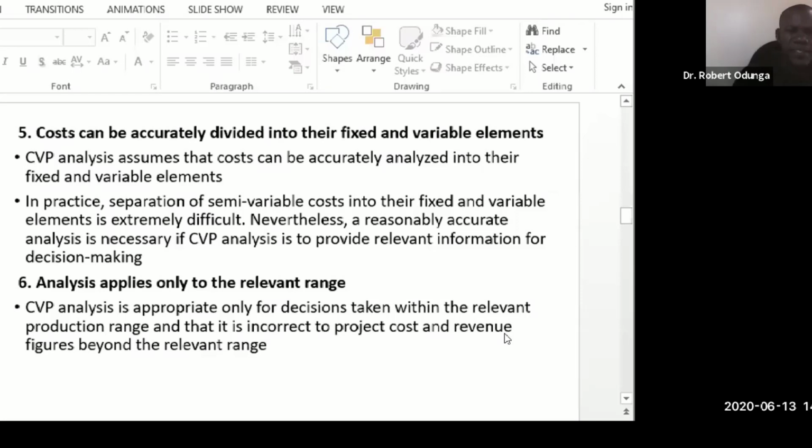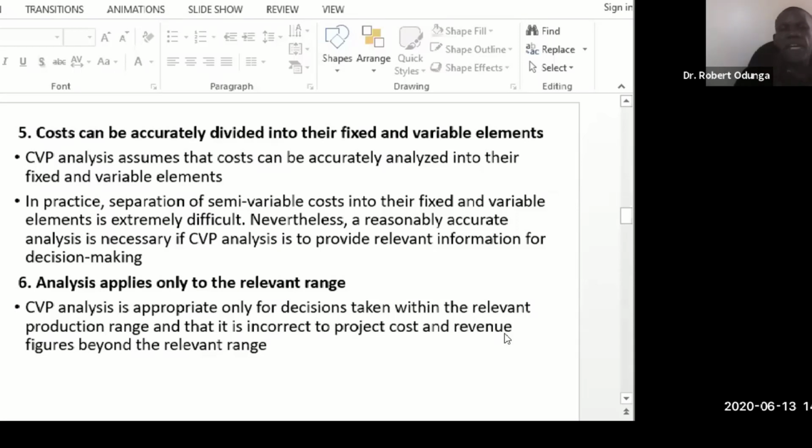CVP analysis assumes that costs can be correctly analyzed into their fixed and variable elements. In practice, separation of semi-variable costs into their fixed and variable elements is extremely difficult. Nevertheless, a reasonably accurate analysis is necessary if CVP analysis is to provide relevant information for decision making.